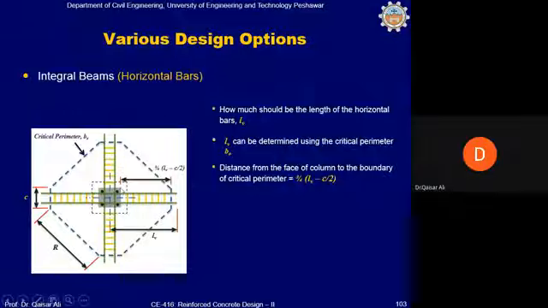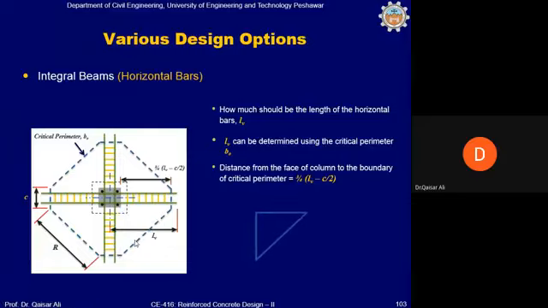So distance from the face of the column to this end will be Lv minus c by 2. And 75% of this, 3 by 4 into (Lv minus c by 2), will be taken as the distance of the critical perimeter. Okay, if we now look at this triangle, this triangle has two sides which are equal, and this is the diagonal.